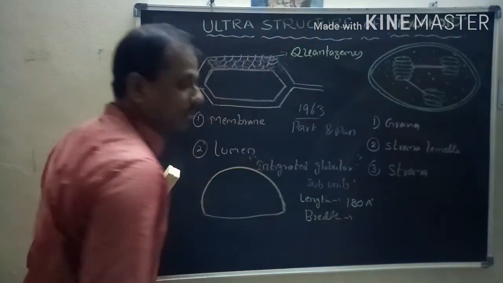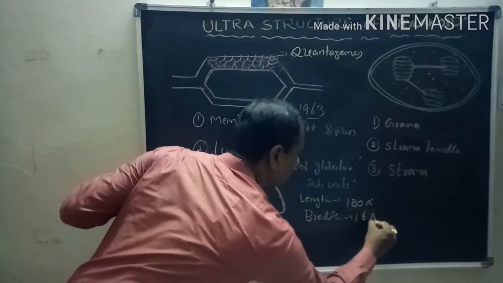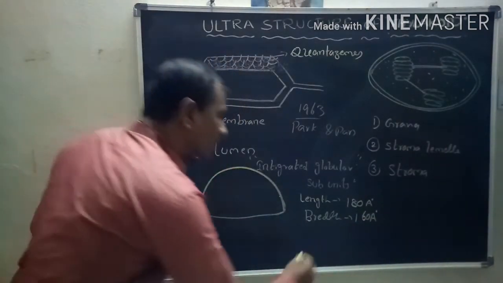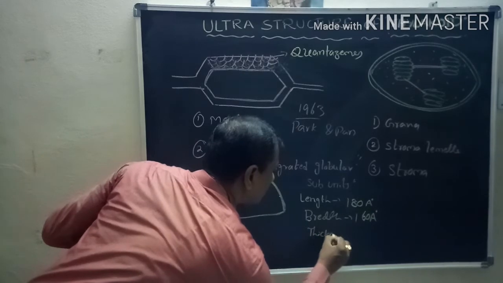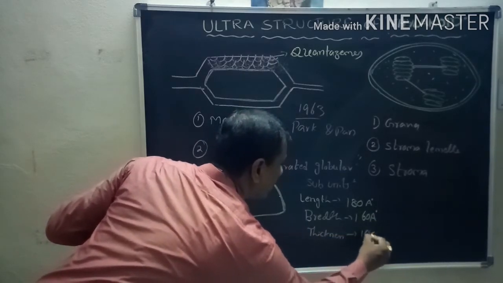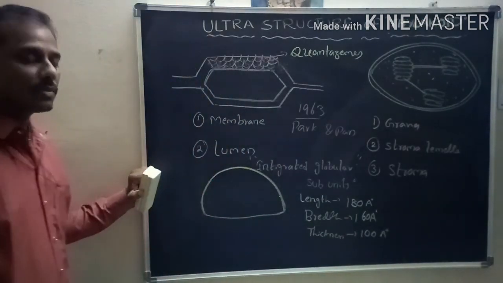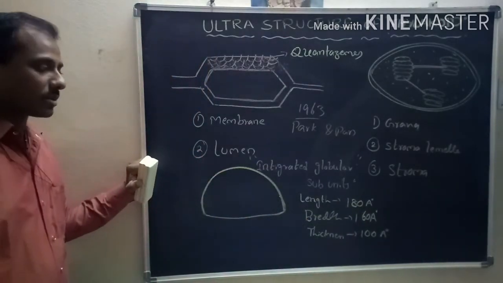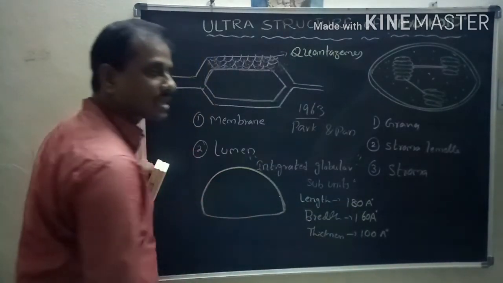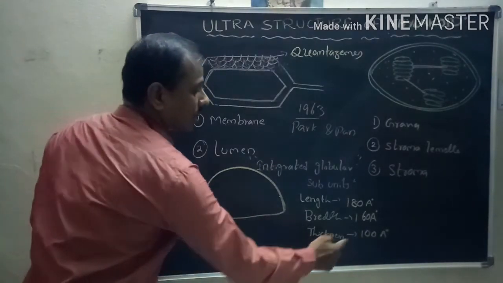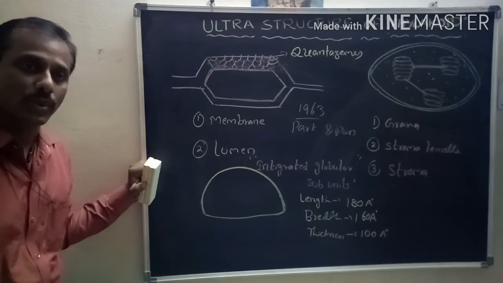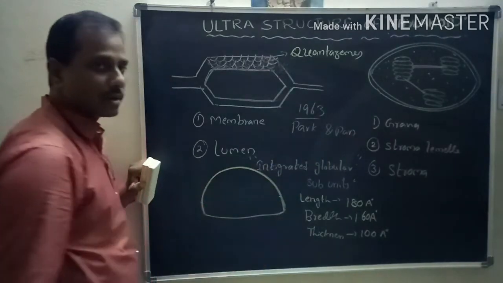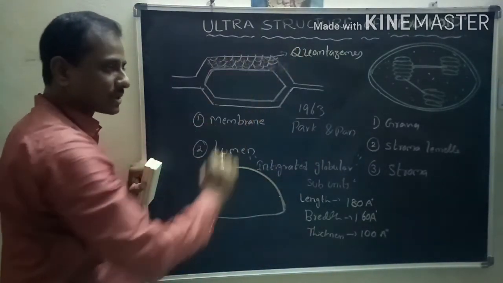The breadth is 160 angstrom units, and the thickness is nearly 100 angstrom units. These are the measures of a quantasome. According to Park and Pan, these granule structures are called quantasomes.